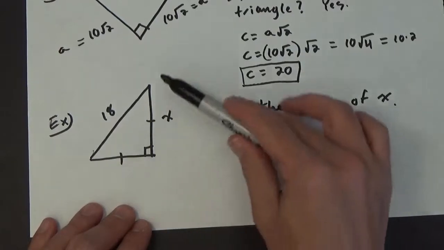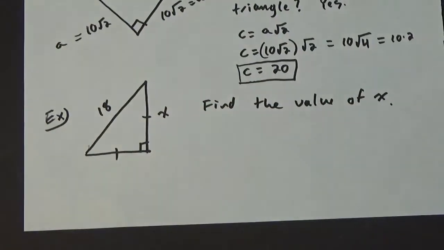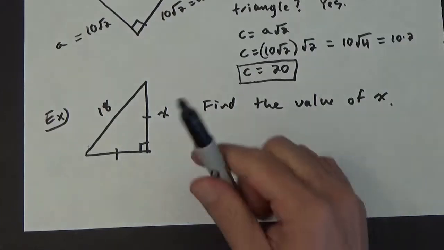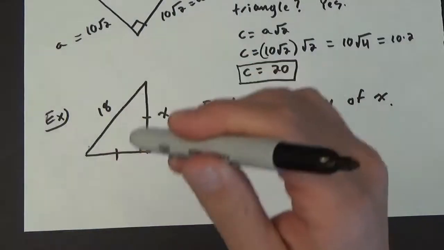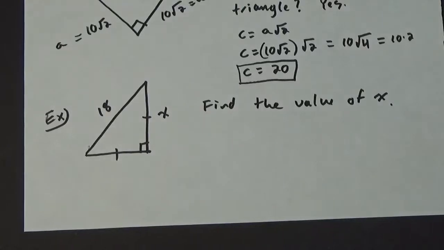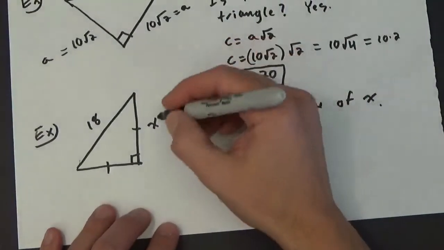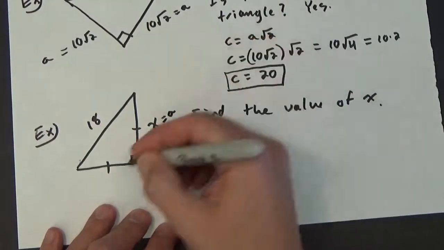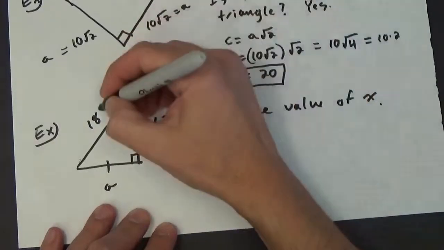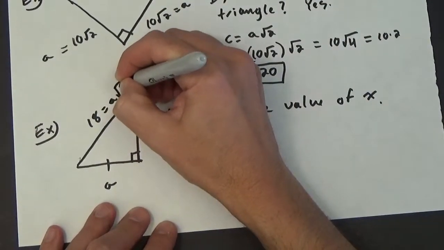So first off, we need to identify that it is a 45, 45, 90 degree triangle. And it is, because we have the 90 degree and it's isosceles. So the only way that can happen is if these two angles are 45. Now let's figure out what each part is. This x is normally associated with a, this is normally a, and this would be a times the square root of 2.